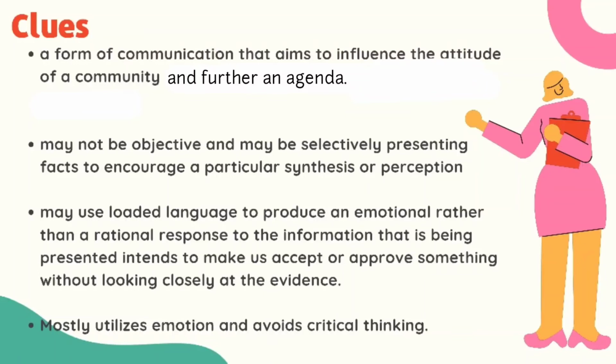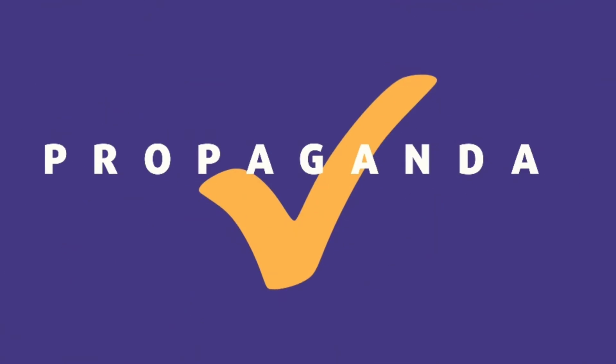It may use loaded language to produce an emotional rather than a rational response to the information being presented, and intends to make us accept or approve something without looking closely at the evidence. It mostly utilizes emotion and avoids critical thinking. Correct! The answer is propaganda.